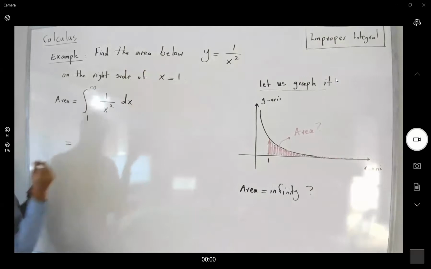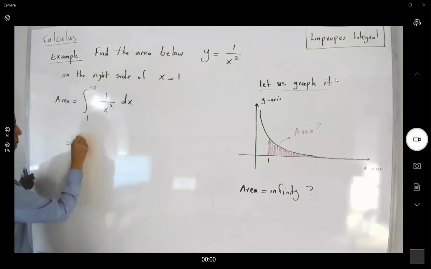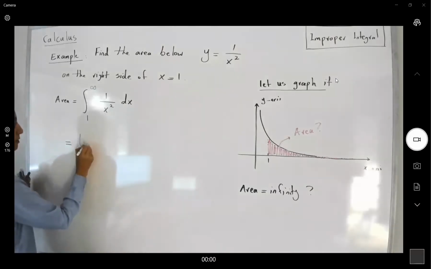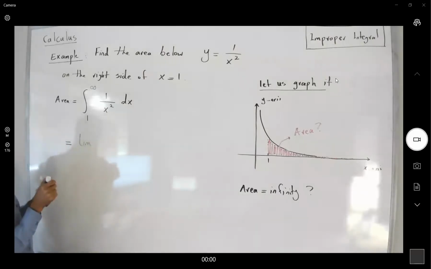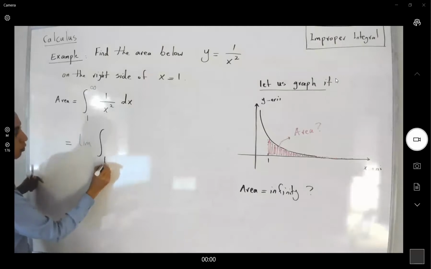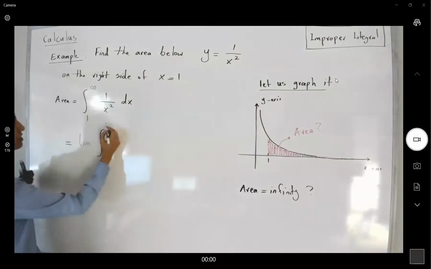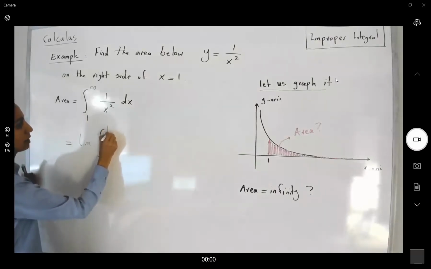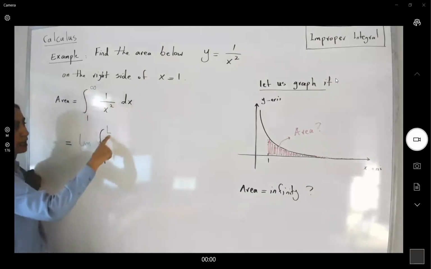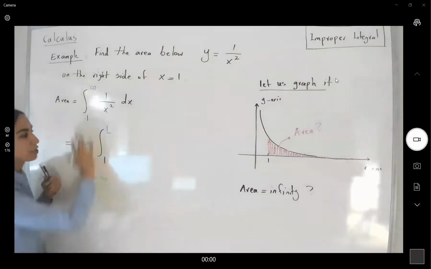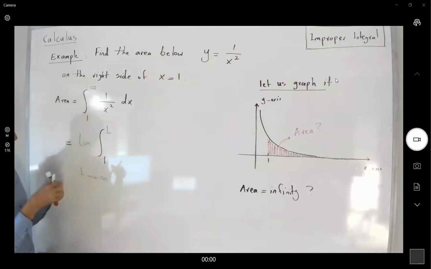We're going to write this as the limit of the integral from 1 to L, while L approaches infinity. So instead of having upper limit as infinity, we write L approaches infinity. We calculate this integral, then we take the limit.